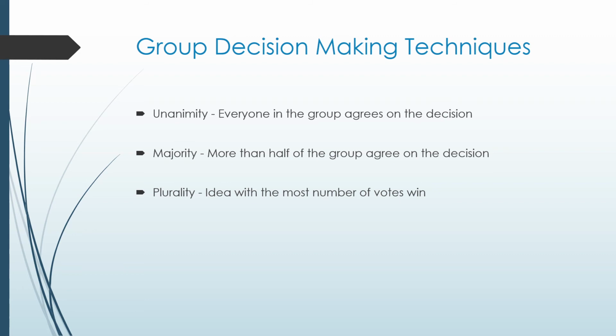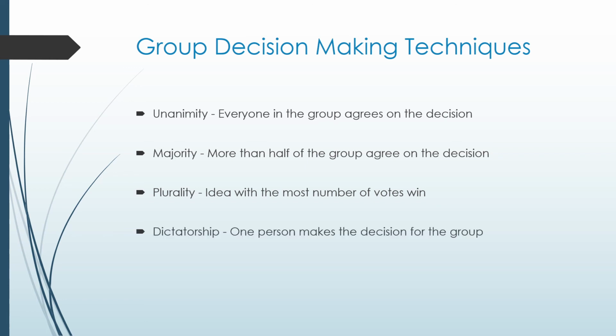Of course, four is not a majority. Four is not even close to unanimity. So four is less than a majority, right? But out of 10, four is the one which has the most number of votes. So that wins.